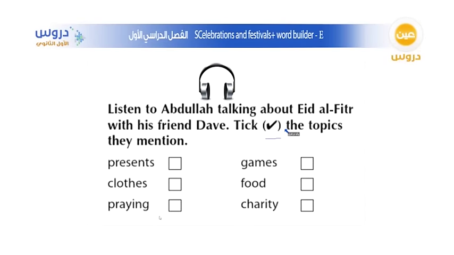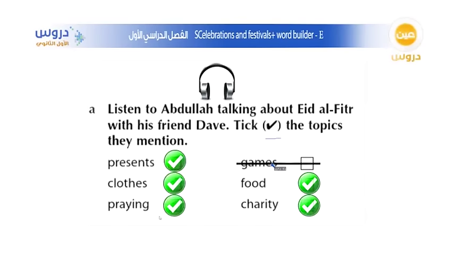Praying. All right. Let's see. So, all of the words, presents, clothes, praying, food, charity, except games. Very good. So you got it correct, Ms. Shahad. Thank you. Very good. Excellent.